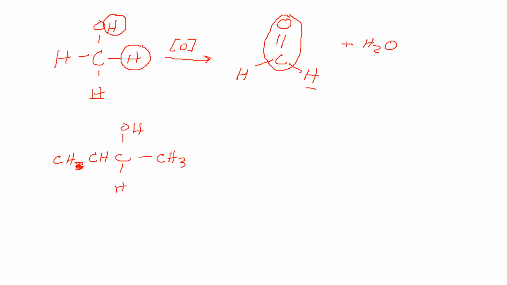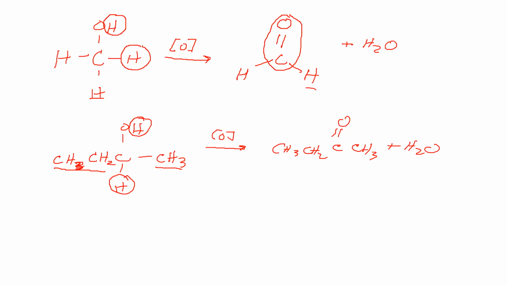So with this type of reaction, we have two alkyl groups. Let me fix this. There should be a 2 here. So we have an ethyl group here, and we have a methyl group here. And again, with a strong oxidizing agent, we're going to lose this hydrogen, and we're going to lose this hydrogen. And so our final product is going to be this plus water.